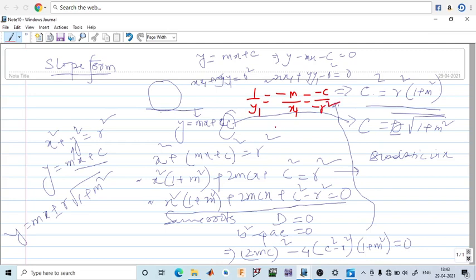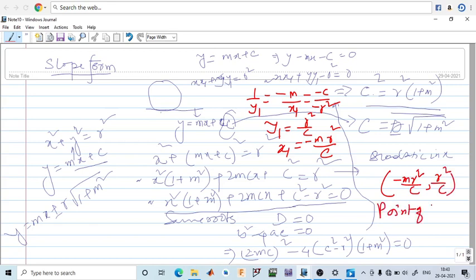Then what will be the point of contact? You get y1 is r square over c, x1 is minus m r square over c. These are the point of contact, that is (minus m r square over c, r square over c).